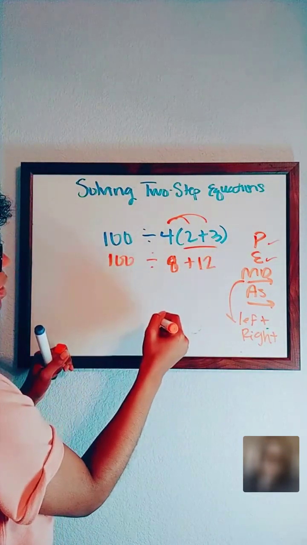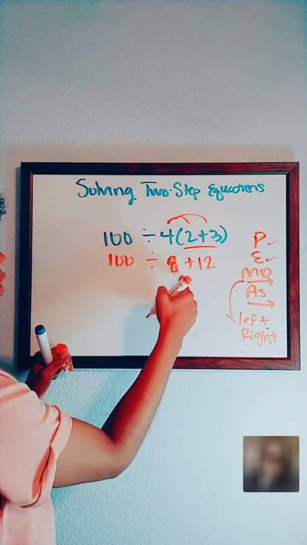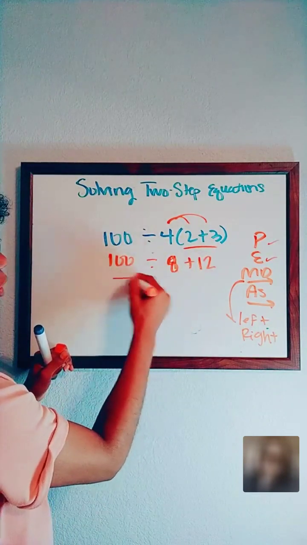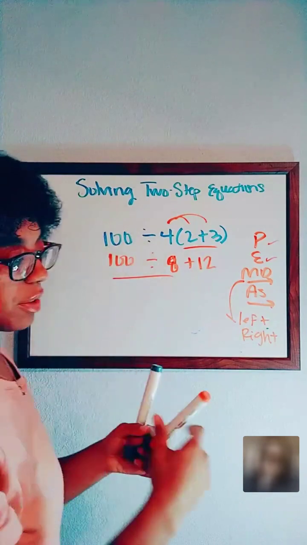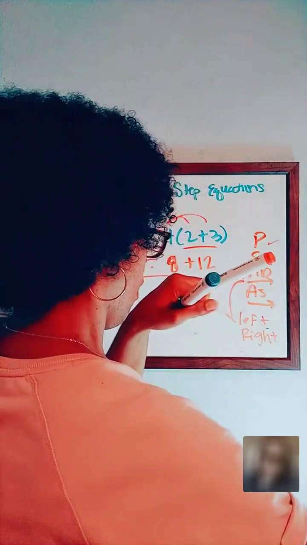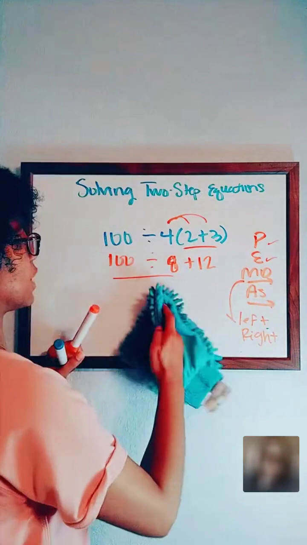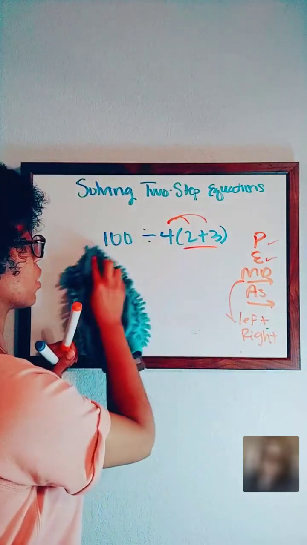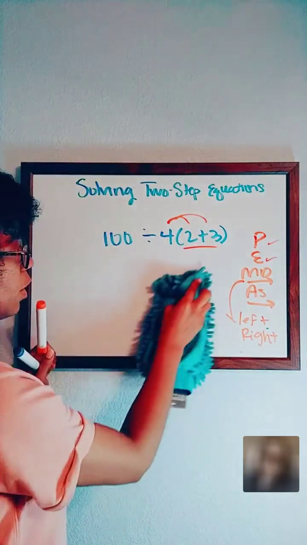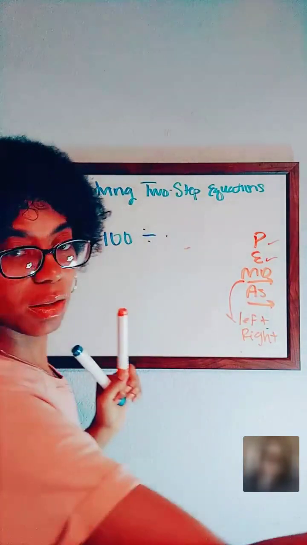You see what happens? Now your parentheses go away, and you end up having to do 100 divided by 8, and it wouldn't give you the same answer. That's why I always want you to do what's inside the parentheses first. So yeah, you couldn't do it that way.